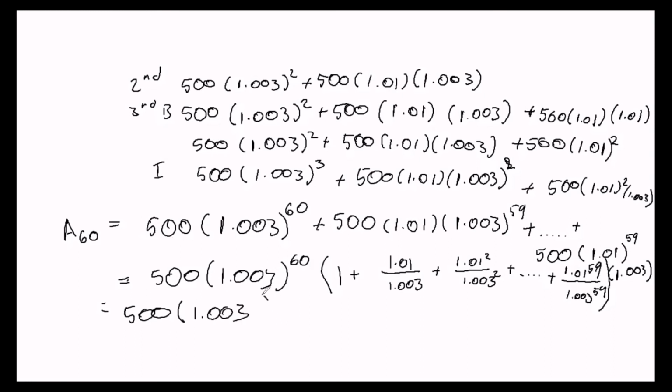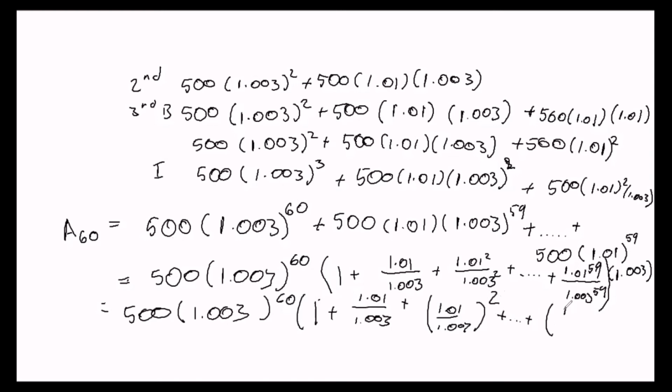So from here, let me write this a different way, and you'll pretty easily be able to see the parallels with the geometric sequence. So 1 plus 1.01 all over 1.003 plus 1.01 all over 1.003 squared, and so on.